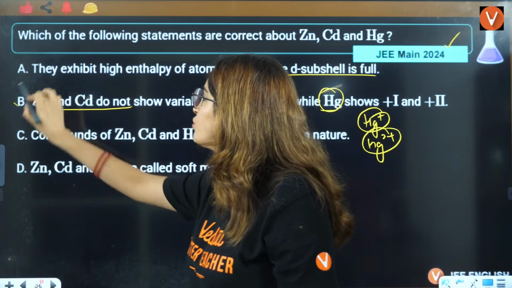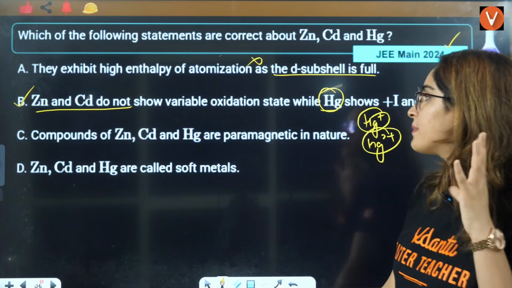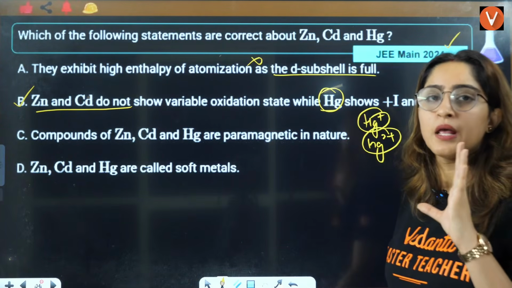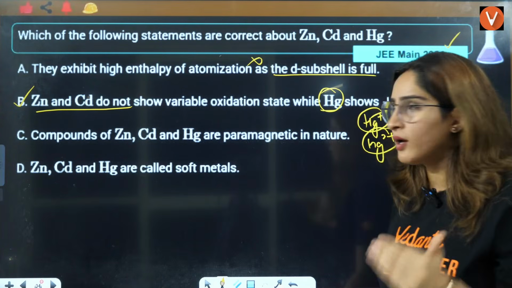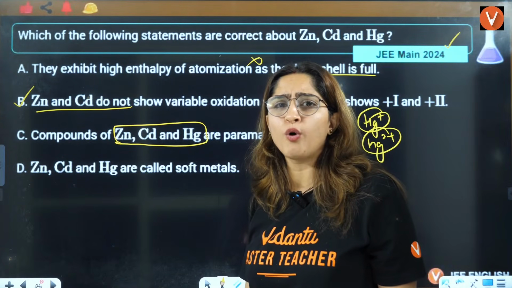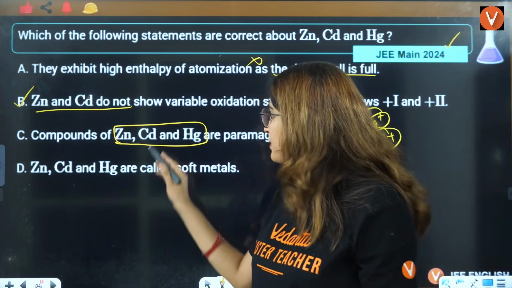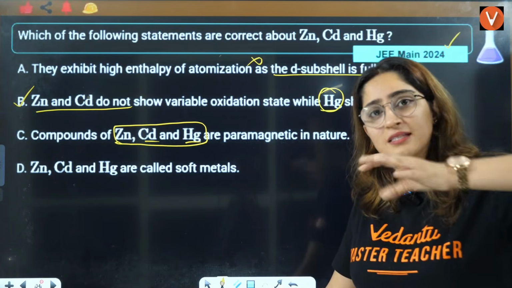So that is true. Compounds of zinc, cadmium, mercury are paramagnetic in nature. Paramagnetic means they have unpaired electrons. No, we can see that they will not have unpaired electrons. Zinc 2 positive, zinc is already 3d10, similar for cadmium and mercury, right? They lie in the same group, right?